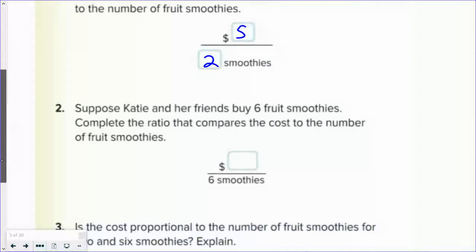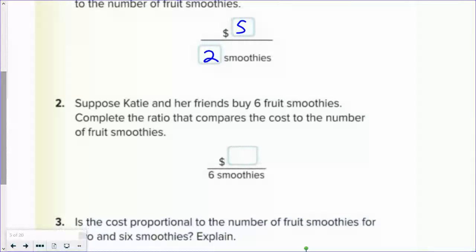Suppose Kate and her friends want to buy 6 smoothies altogether. How much would that be? If we had 2 smoothies and we doubled it, that's the same as having 4 smoothies, right?